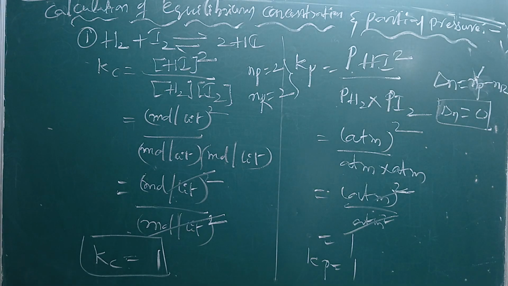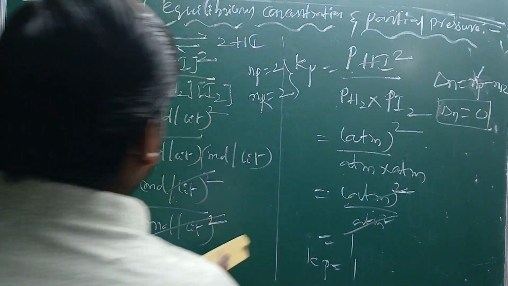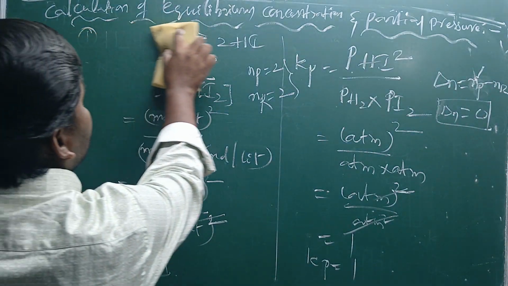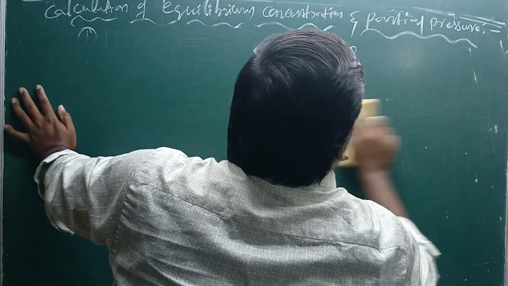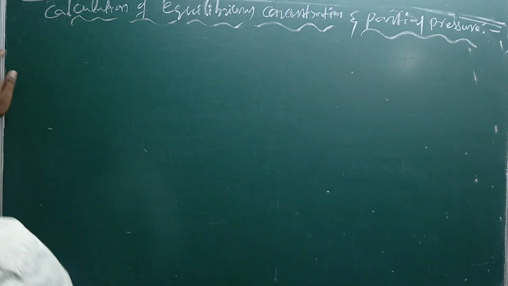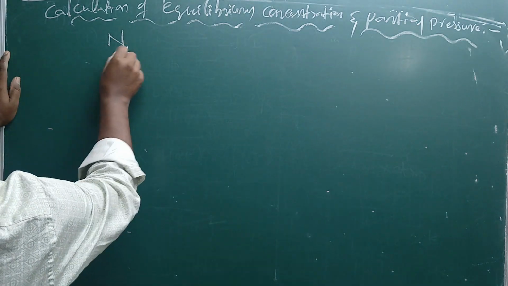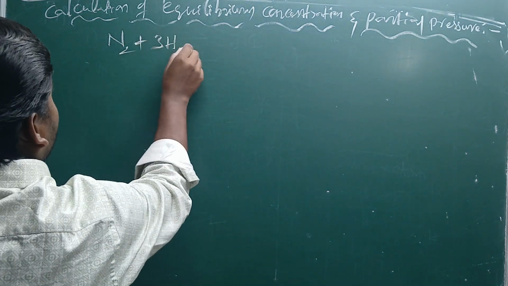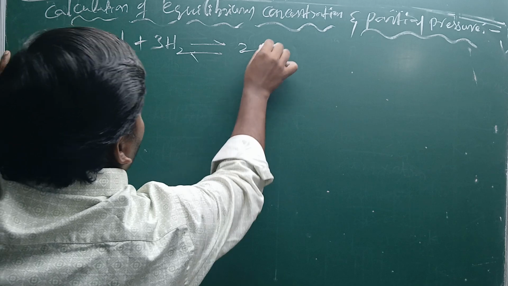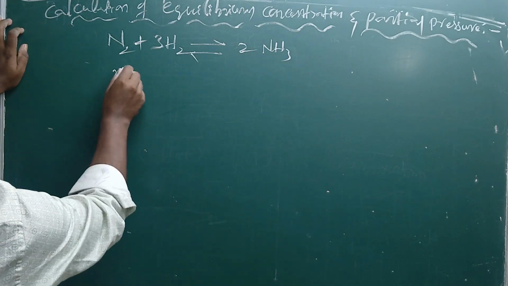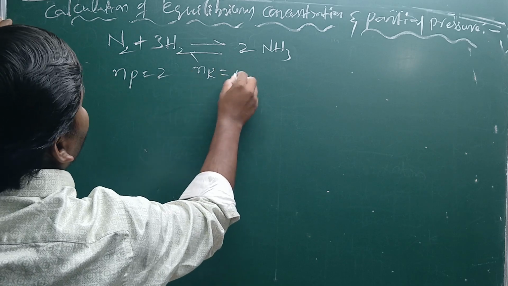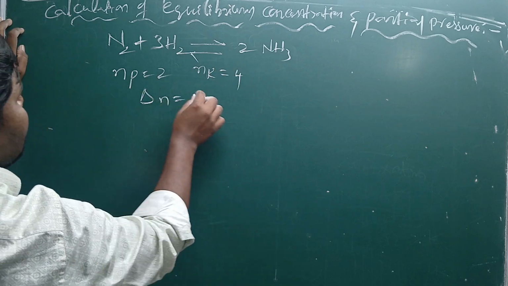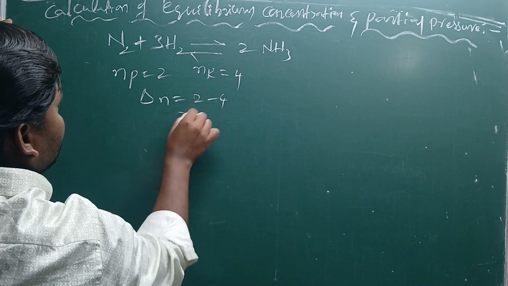Now I am taking one more example: synthesis of ammonia. When N2 combines with hydrogen to form ammonia, you can observe here np is equal to 2 moles, nr is equal to 4 moles, delta n is equal to 2 minus 4, which is minus 2.